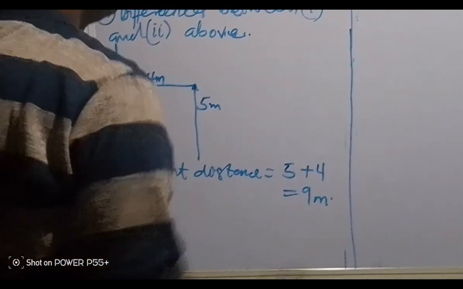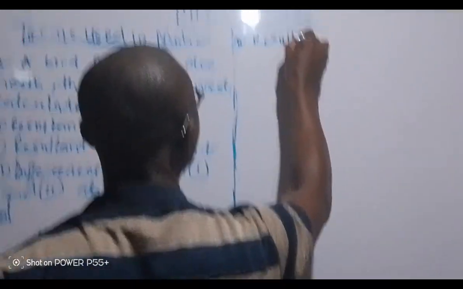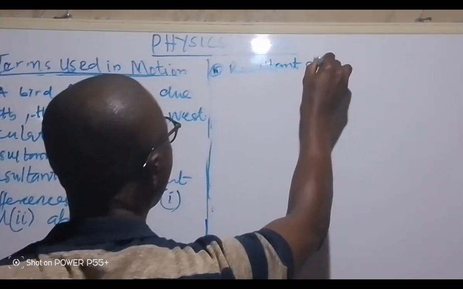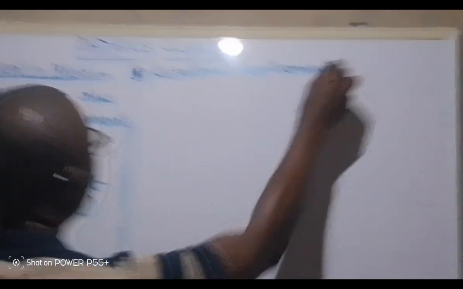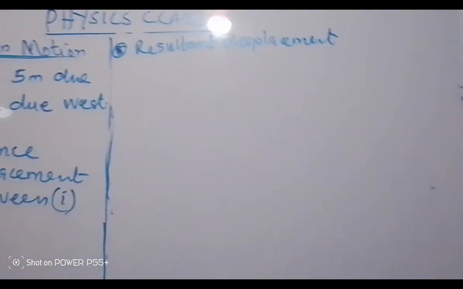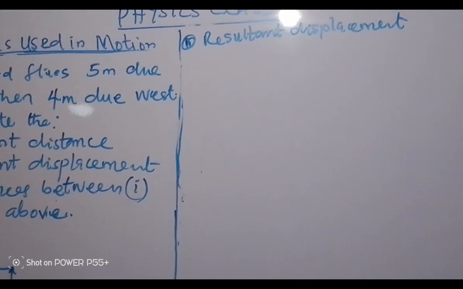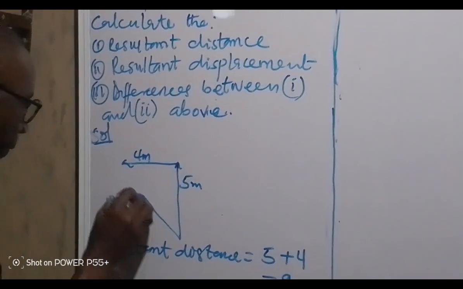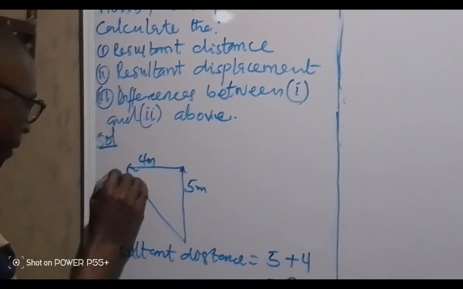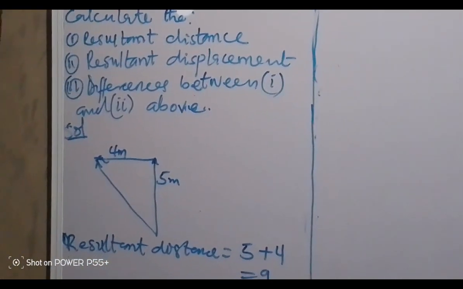For resultant displacement now, 2. Displacement is a vector quantity. Distance uses the ordinary arithmetic method, but for displacement, we need to use the geometric method. Join this line together, and this will form a right angle triangle now.